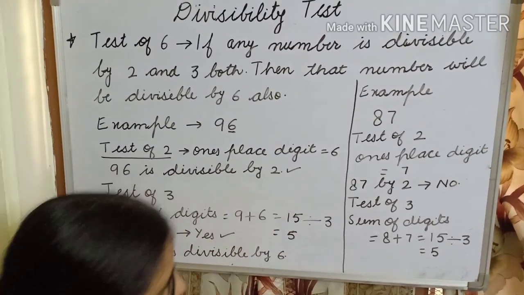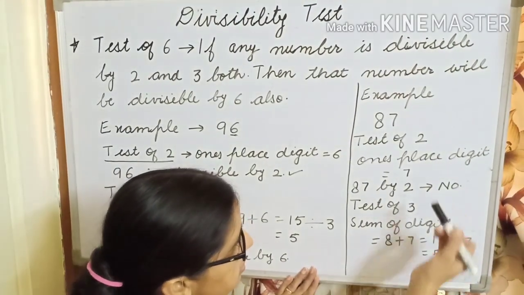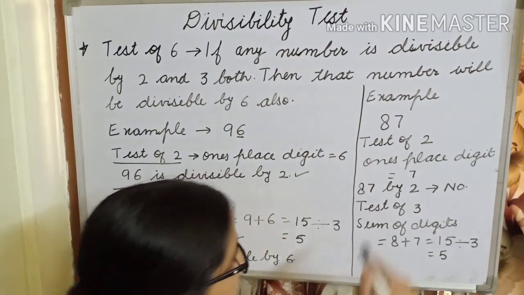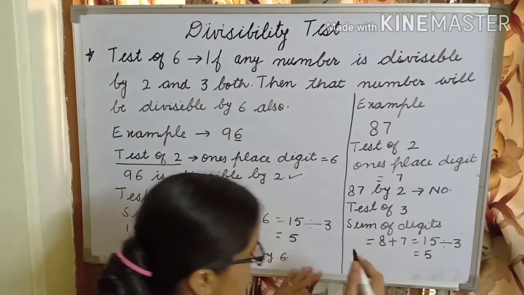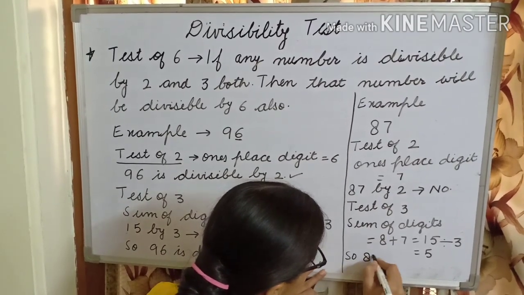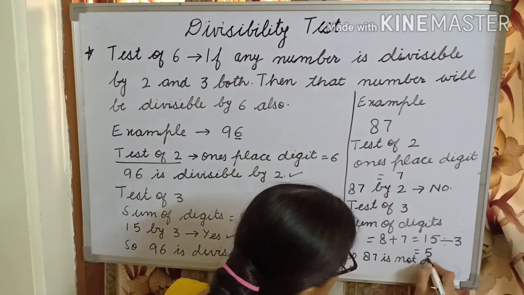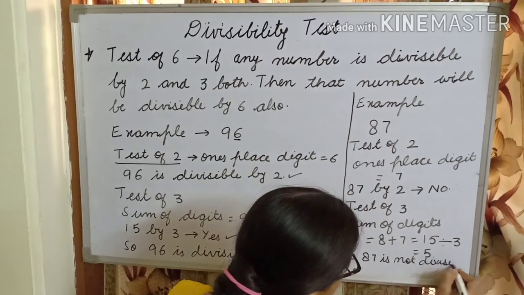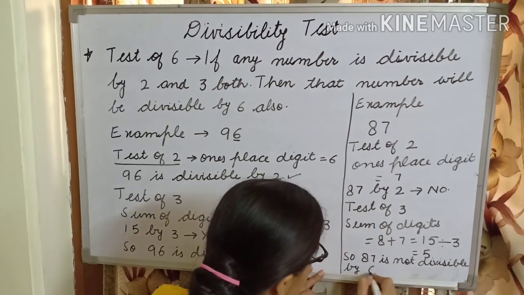Now what you can see? 87 is divisible by 3, but it is not divisible by 2. Then this 87 is not divisible by 6. So 87 is not divisible by 6.